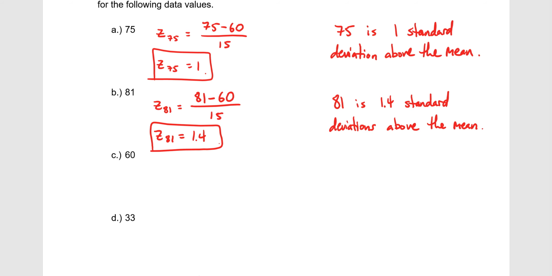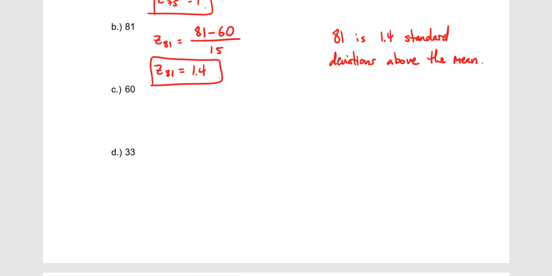And that's going to mean that 81 is 1.4 standard deviations above the mean. And for 60, the z-score for a data entry of 60 is going to be the data entry minus the mean divided by the standard deviation. So this is going to be 0 over 15.